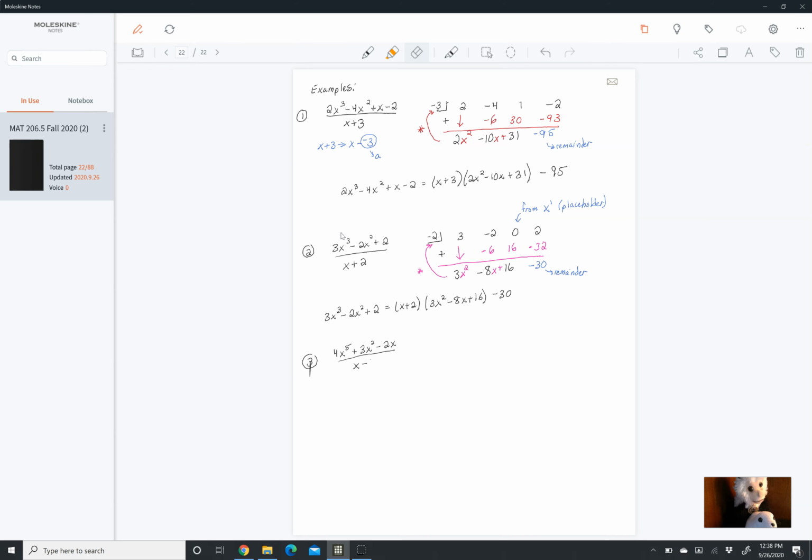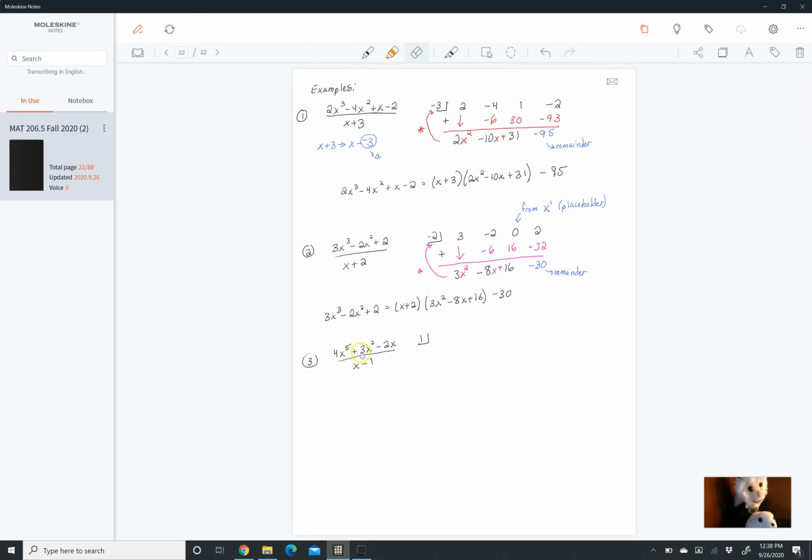Let's divide by x minus 1 this time. Okay, so once again, we're going to set it up. So inside this box, we put our divisor, but we switch the sign. So this goes a 1, okay?